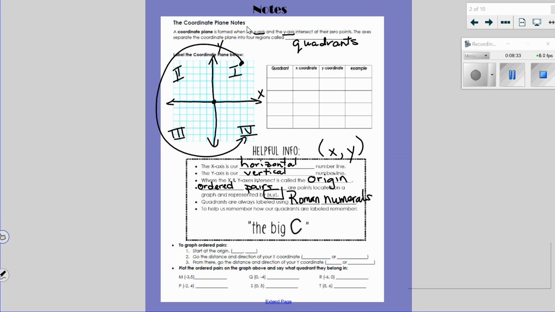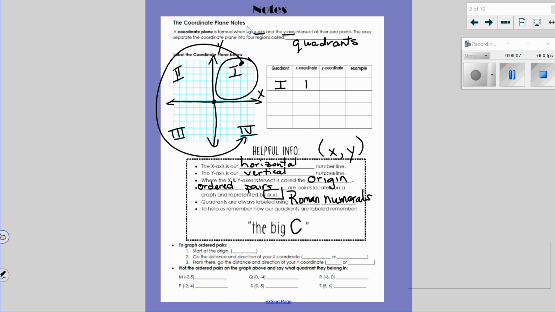Couple notes. I don't necessarily have to plot a point to know where it is going to be found within my coordinate plane. For example, if I'm in quadrant 1, I know that it's got to be somewhere in this area, correct? So how do I get to that area? Well, if I start at origin, the only way to get to quadrant 1 is to go which direction? Right. So if I'm going right on x, what is that going to be? Positive or negative? Positive.